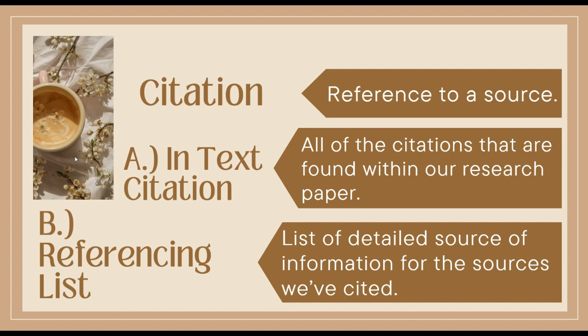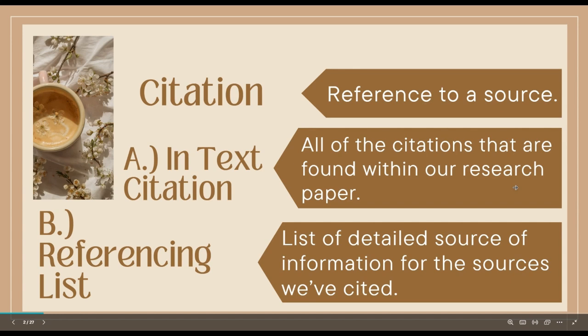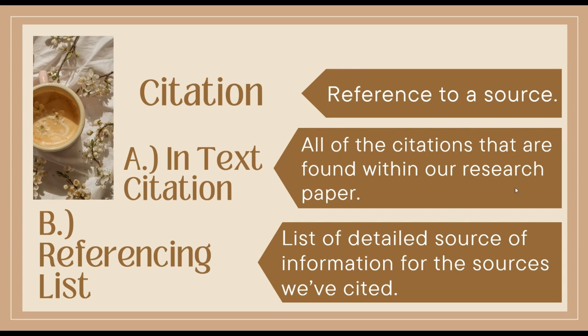Samples of in-text citations include, according to Oxford University, Finch in 1930 stated that, and etc. On the other hand, referencing list refers to the list of all the in-text citations that we include in our research paper.